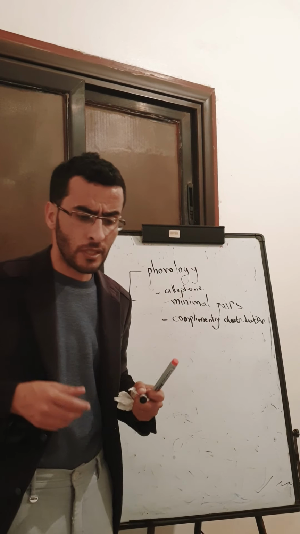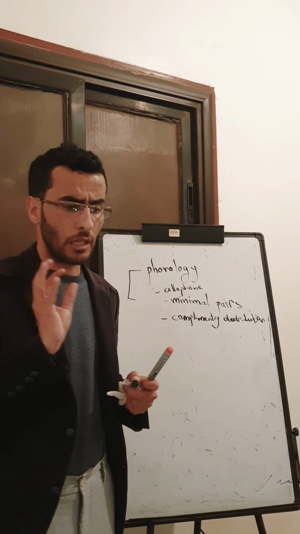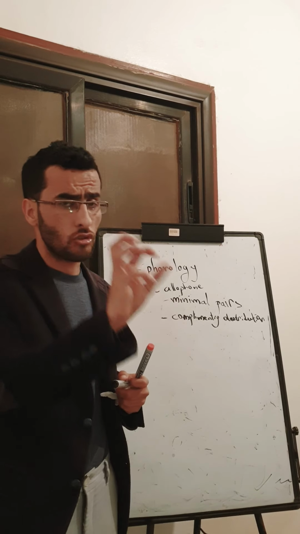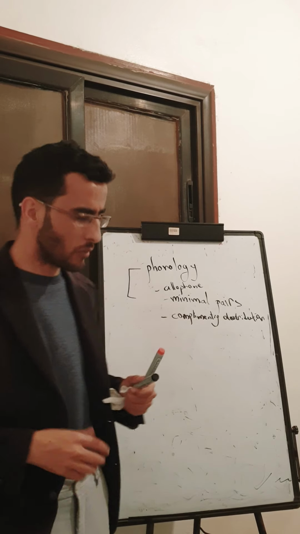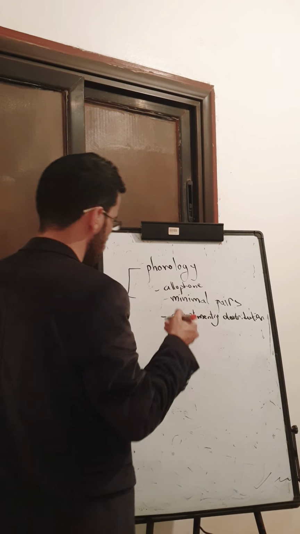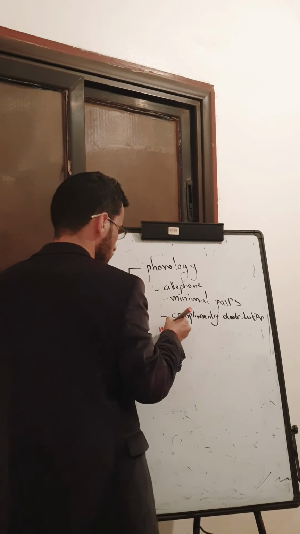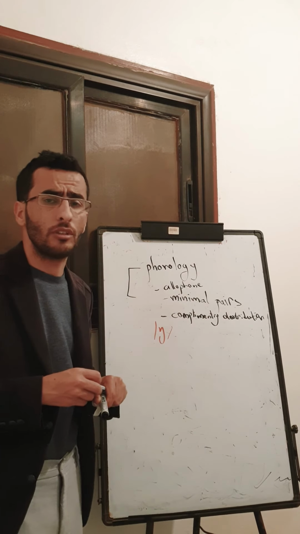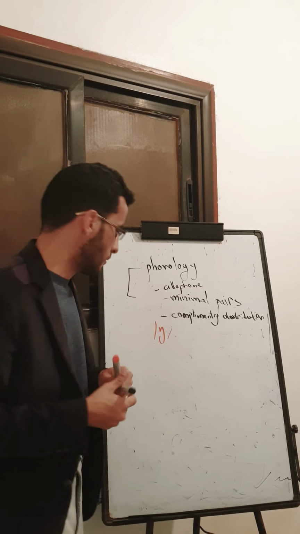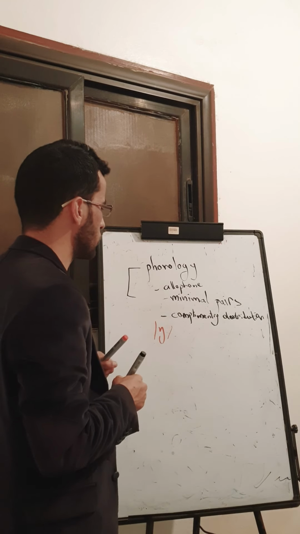It means that the phoneme cannot stay in just any position. For example, this phoneme in English cannot be in initial position. No way. So it is in complementary distribution.